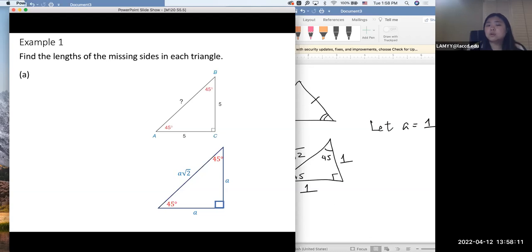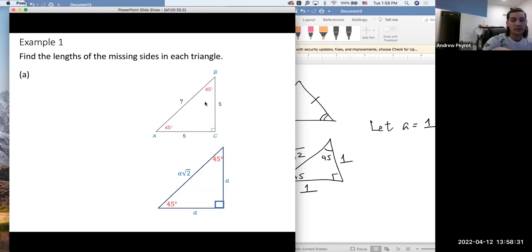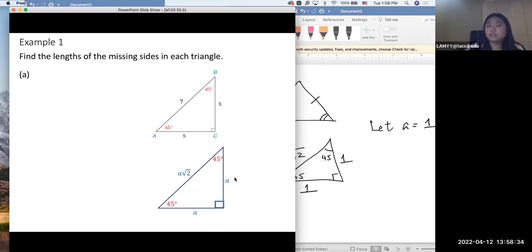First, figure out what your A is equal to. What is your A equal to? 5. Good. This is a 5, 5, right? So first, you just write down A equal to 5.